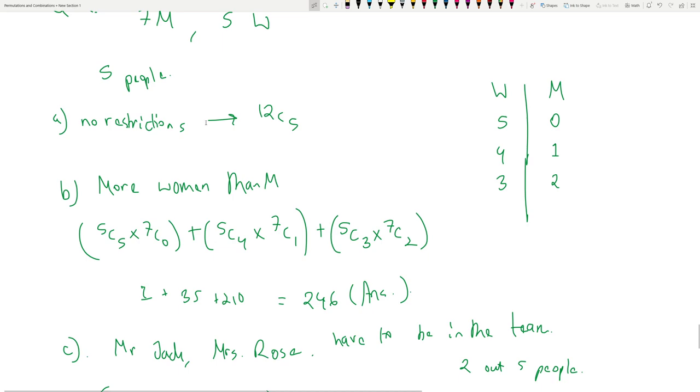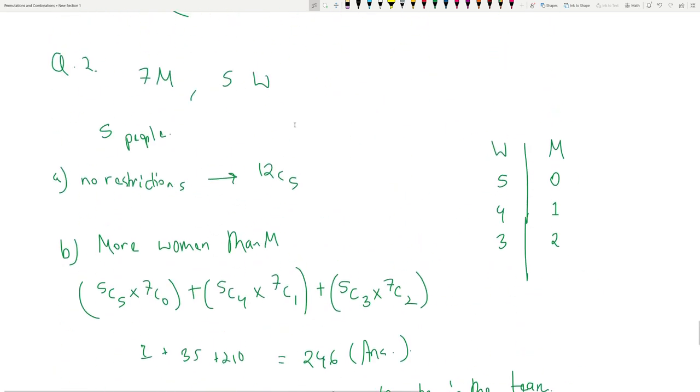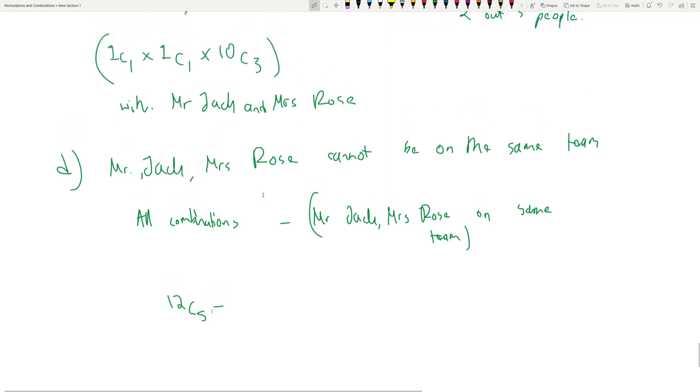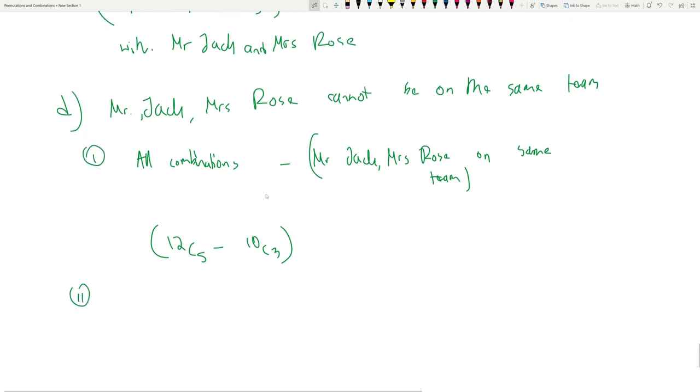So it's basically no restrictions. We shouldn't say arrangements, but rather all combinations. So that's 12C5 minus this one over here, 10C3. This is route 1.